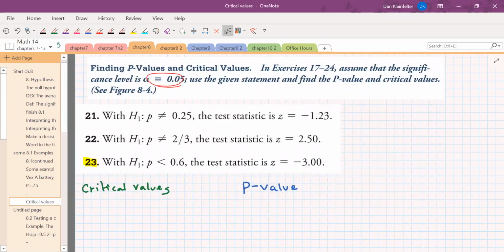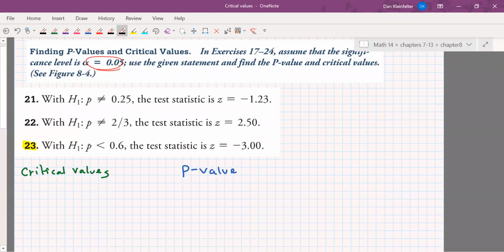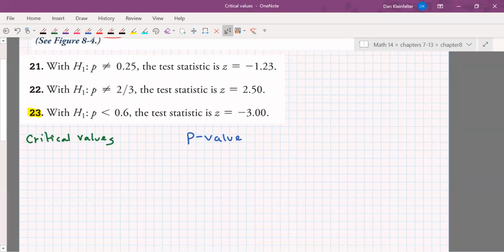We'll do 23 here. So here it says, assume that the significance level is 0.05. Use the given statement to find the p-value and critical values. So here, the alternative is p is less than 0.6 and our test statistic is -3. So critical value method first.